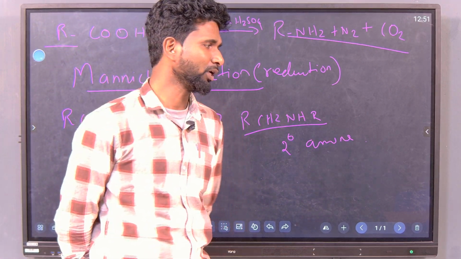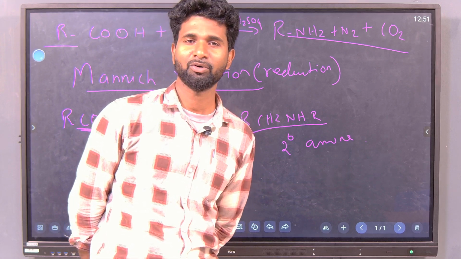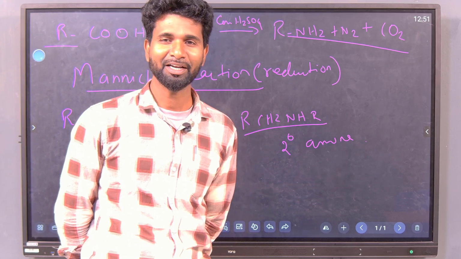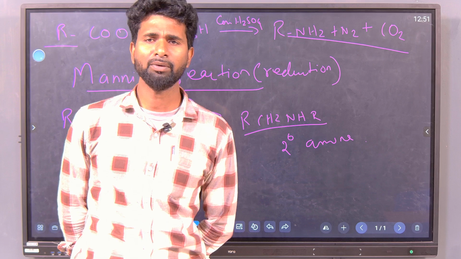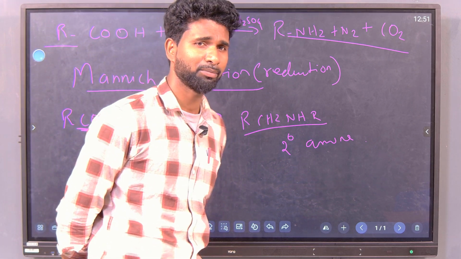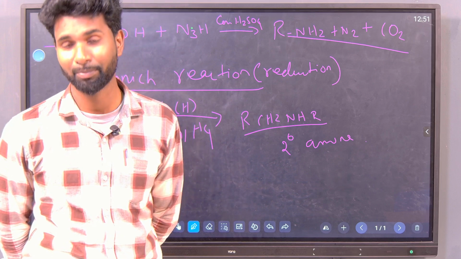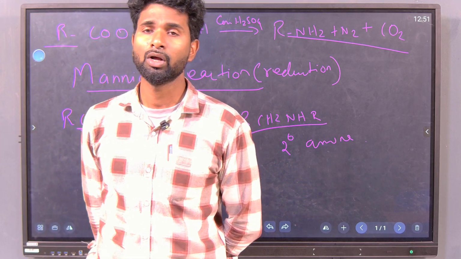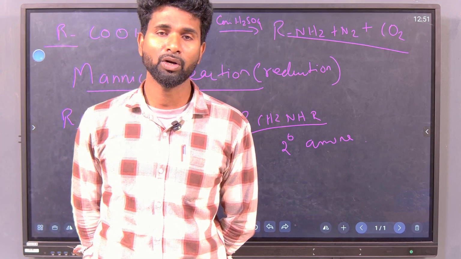Now we are going to see how to distinguish three types of amines. Different substances are there, for example nitrous acid, HNO2, to distinguish or separate the three types of amines, and also benzene sulfonyl chloride.